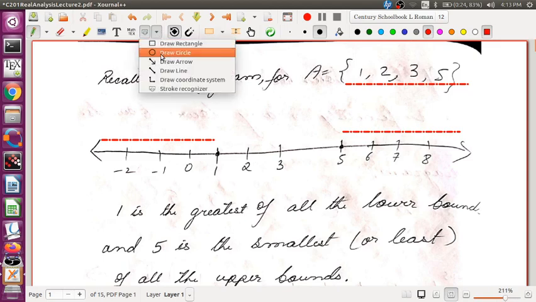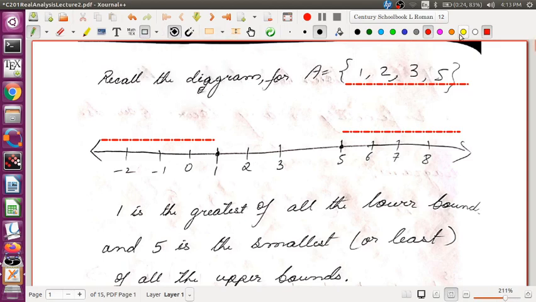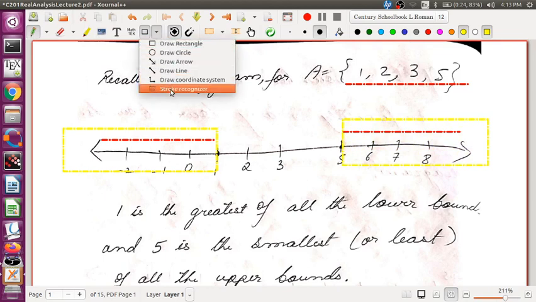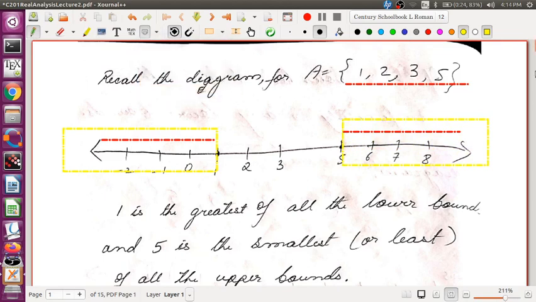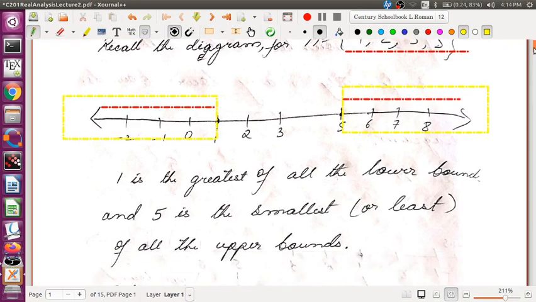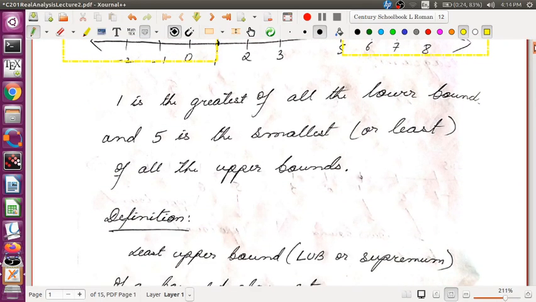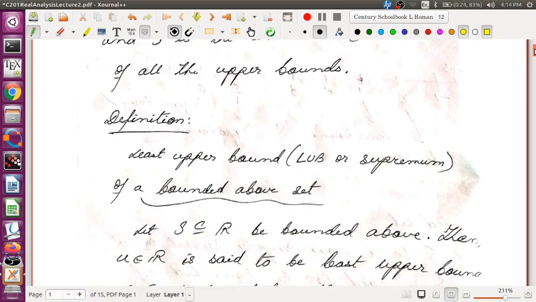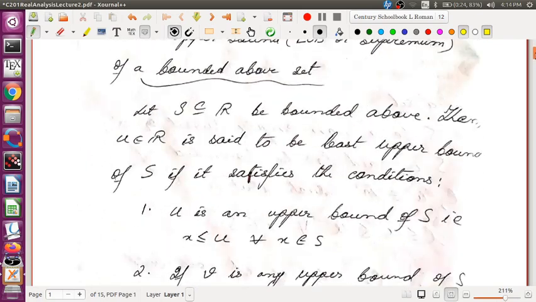And we had also seen that out of all these lower bounds, 1 is the greatest, and out of all these upper bounds, 5 is the smallest or the least, right? So 1 is the greatest of all the lower bounds and 5 is the smallest of all the upper bounds, right? So we define formally what is the least upper bound and what is the greatest lower bound.